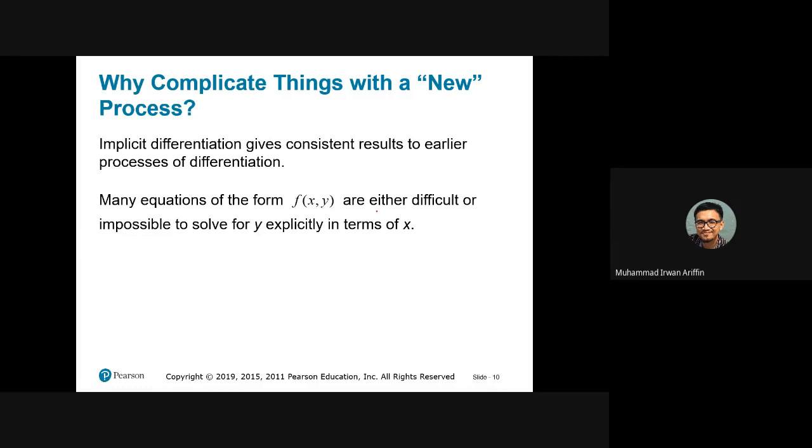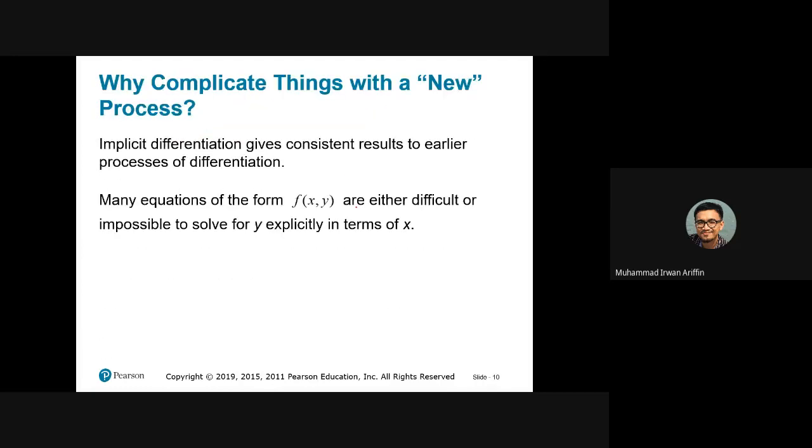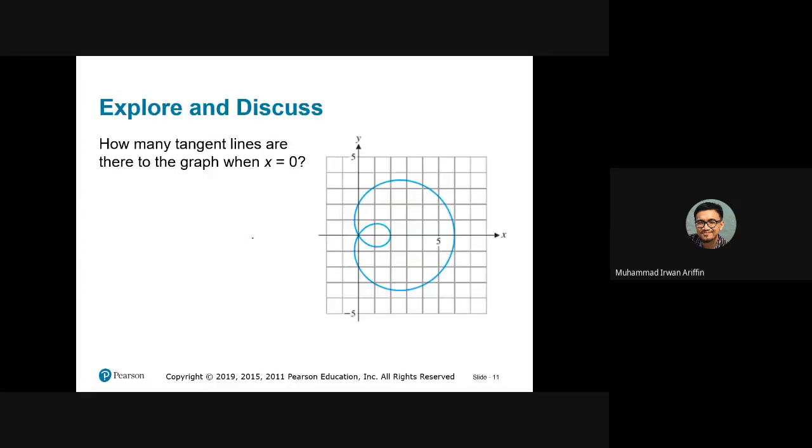Do not expect me to give you simple equations such as this one. Many functions will be difficult or almost impossible to rearrange to express y explicitly in terms of x. So implicit differentiation allows us to find the derivative when it is almost impossible to separate them.